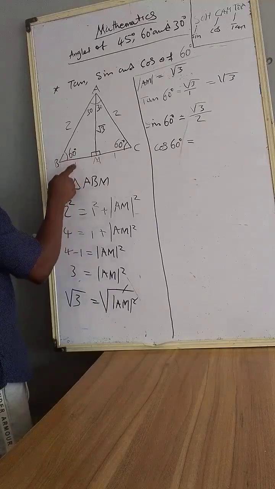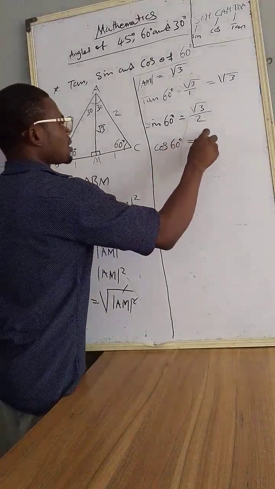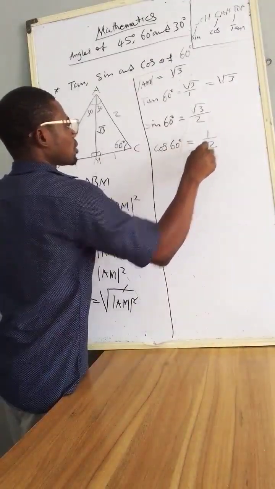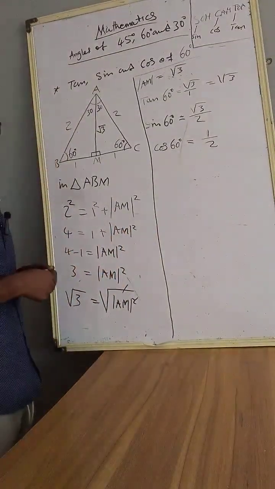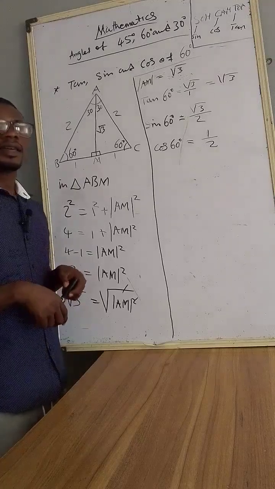Adjacent side of 60 is 1. What is the hypotenuse? The hypotenuse is 2. So cos 60 is adjacent over hypotenuse, 1 over 2. That is just it. All right.